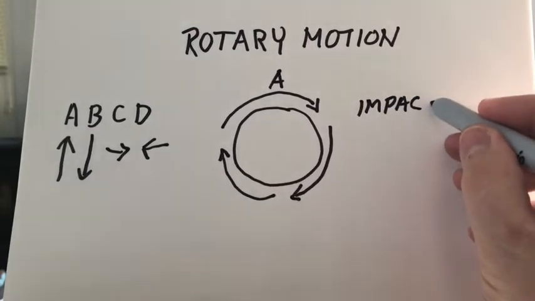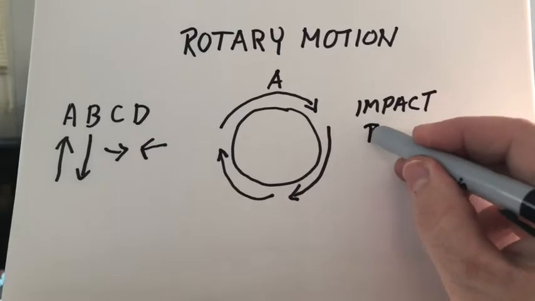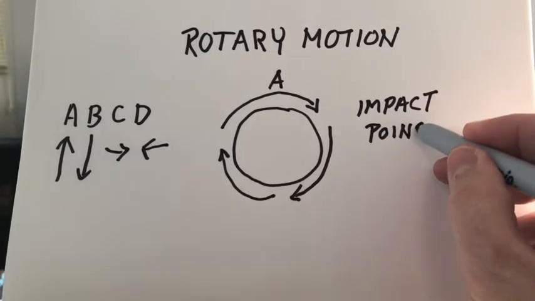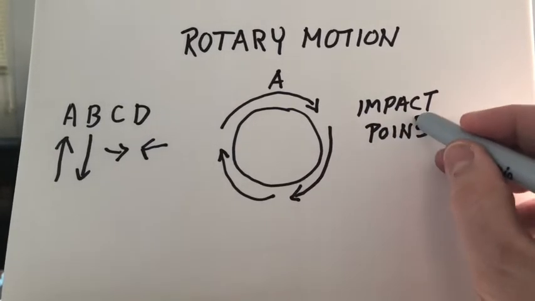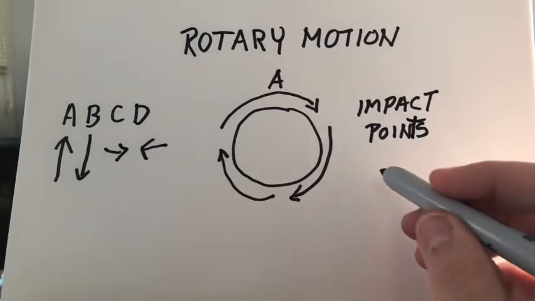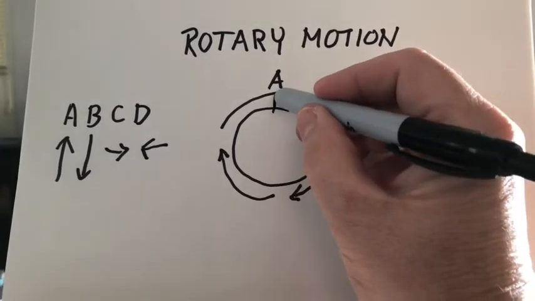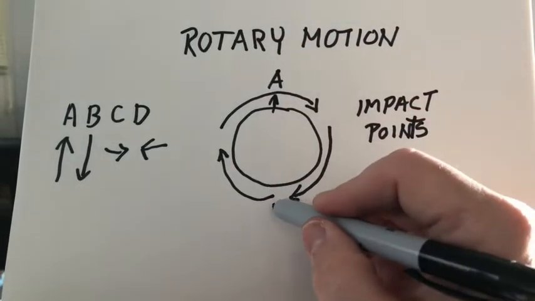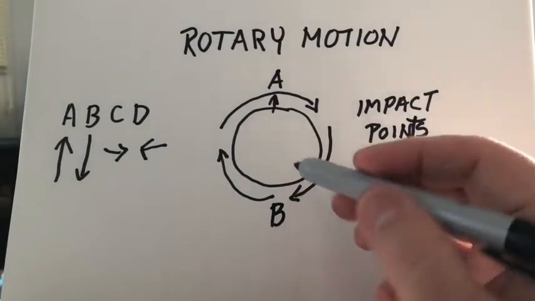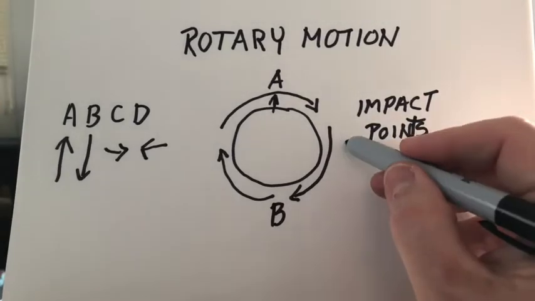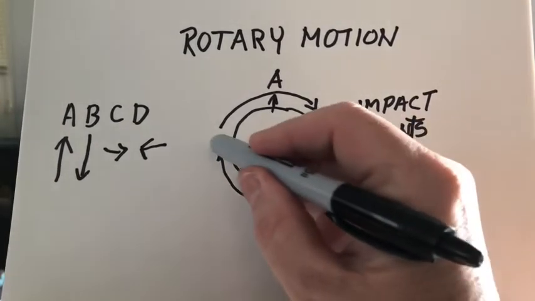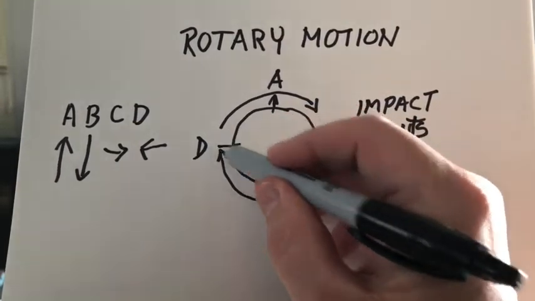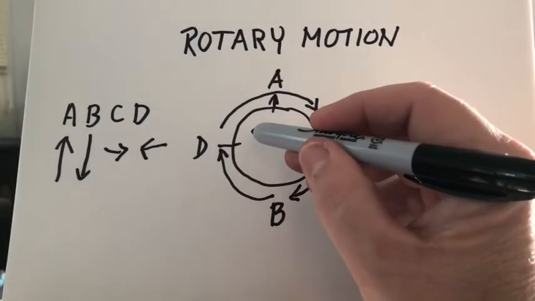So the impact that you're going to have when you push forward with a rotary, which is rare that you would push forward. You can, depending on the dirty marks on the carpet. I go all directions sometimes. The impact going down is on the bottom, and obviously to the right, and then to the left, you've got your C and D impact points.